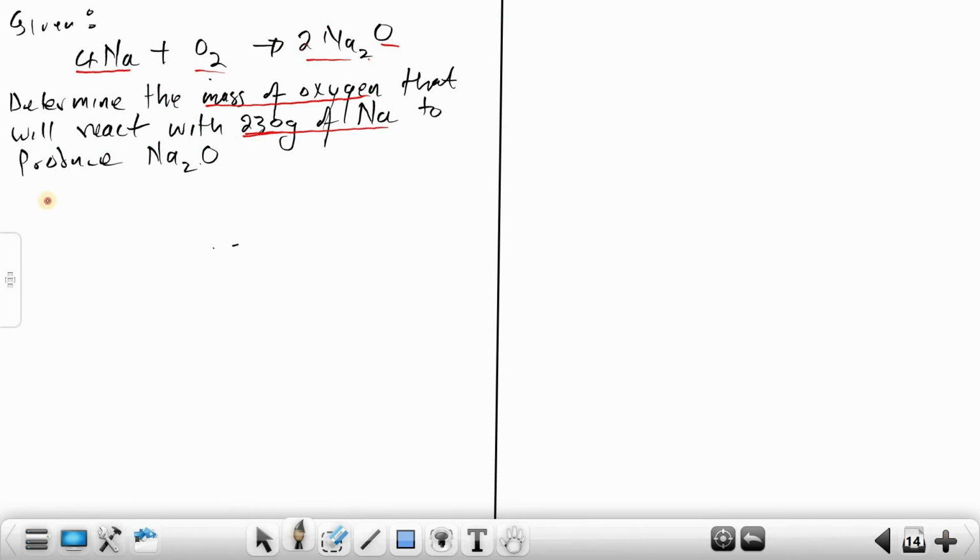I can calculate the number of moles of Na. How can I do that? Because I am given the mass, which is now 230, divided now by sodium. I look into my periodic table. That is 23.